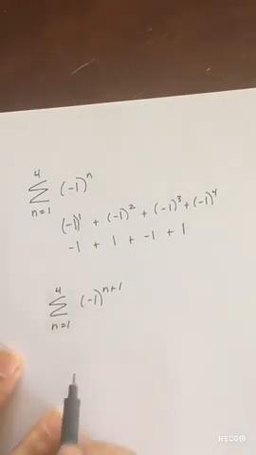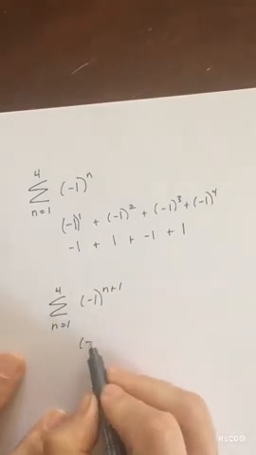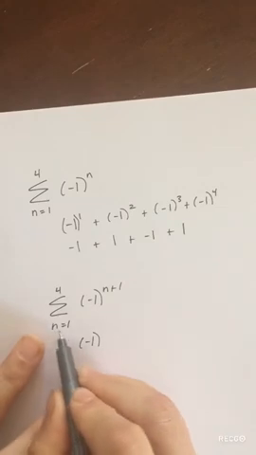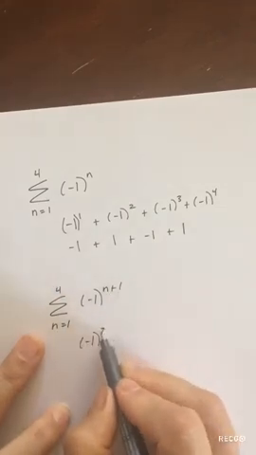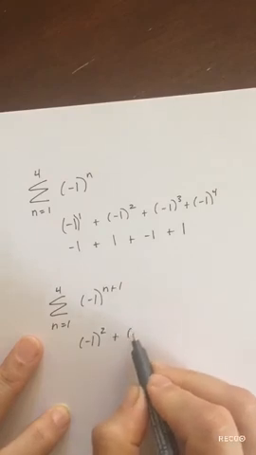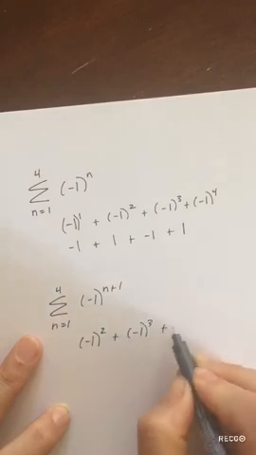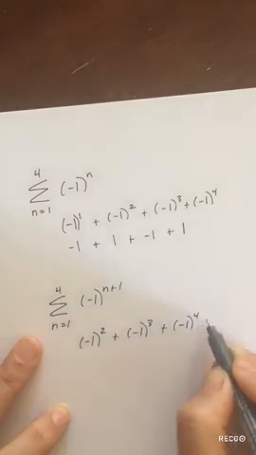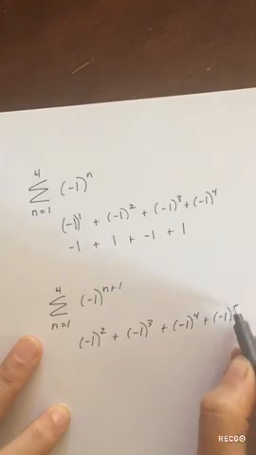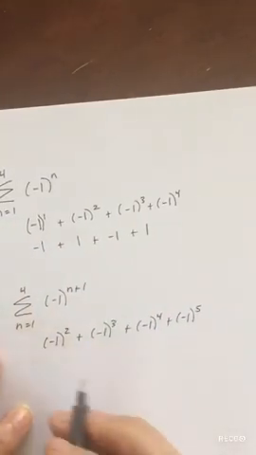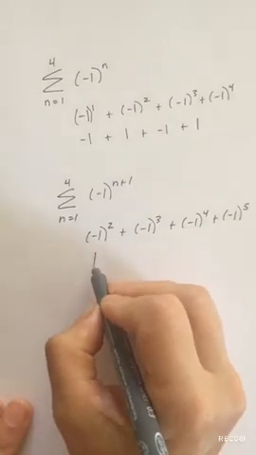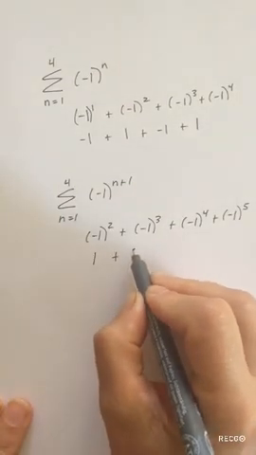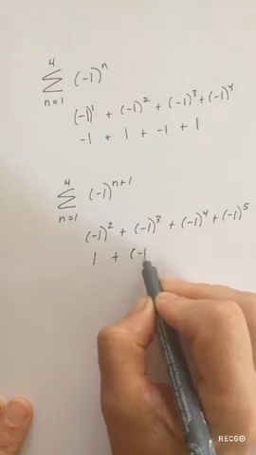Okay, so if I did this, then the first thing that's going to come out is -1. Now when I put n equals 1 in here, I'm actually going to get squared, right? And then I'm going to get -1 cubed, 1 to the 4th, -1 to the 5th. Okay, so that's just going to be 1 plus -1, right?